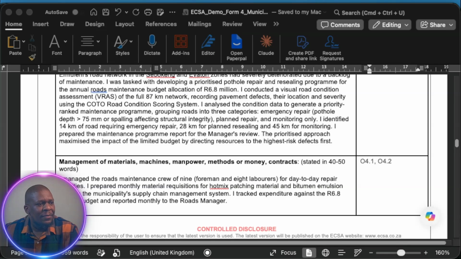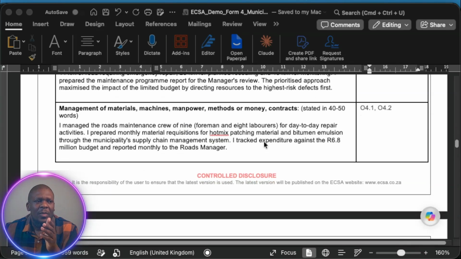Now, if your contract is GCC, you will indicate what contract you are using. Now, what are you expected to say here? You need to indicate the approach you are going to use in terms of managing material, machine, manpower, method, or money or contract.